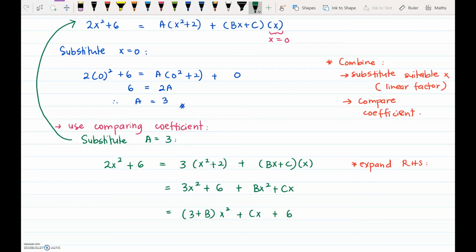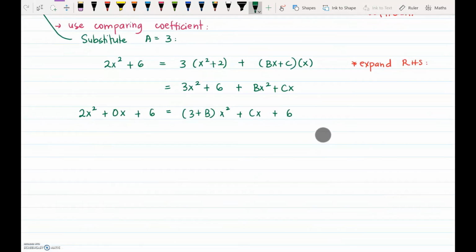Since we want to compare the coefficients with the left hand side, rewrite your left hand side. We can write 2x squared, and since you don't have any coefficient for x, we just write plus 0x plus 6. Class?